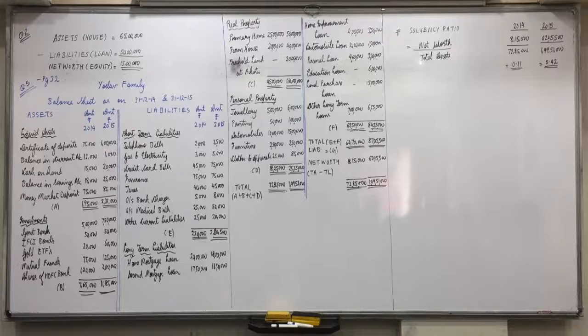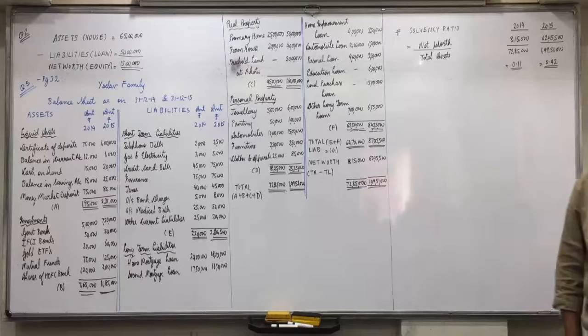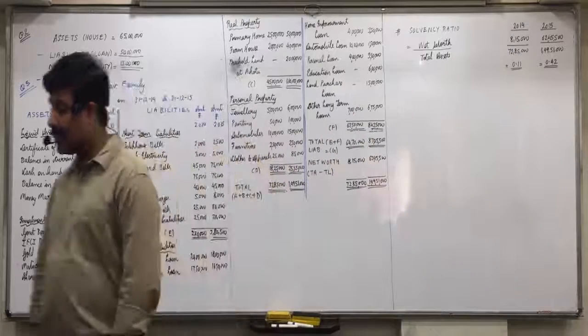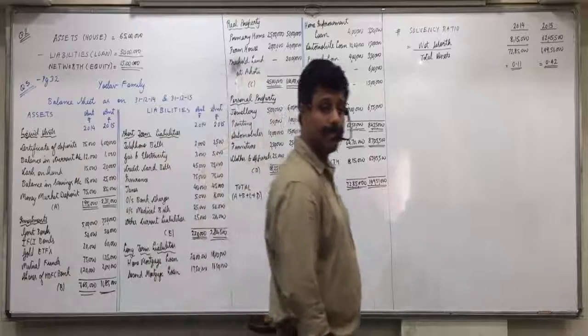Thus, the bank can give a loan of rupees 7 lakhs to the Yadav family because their solvency ratio has increased from 0.11 (11%) to 0.42 (42%).